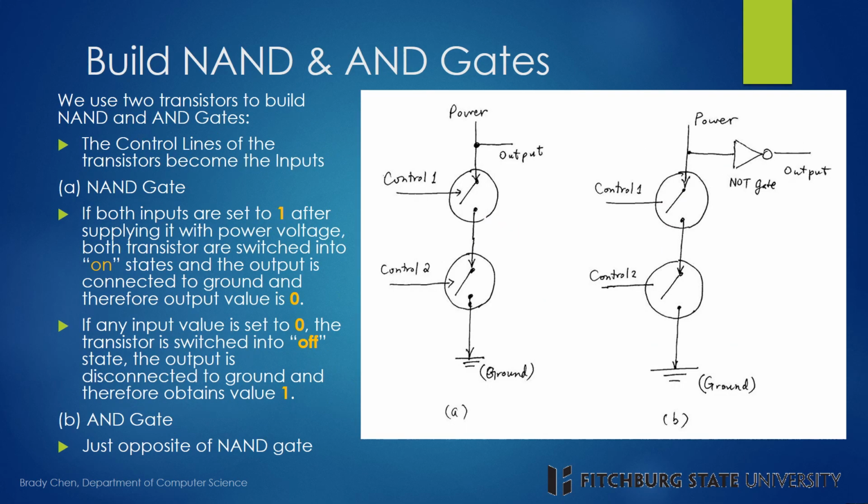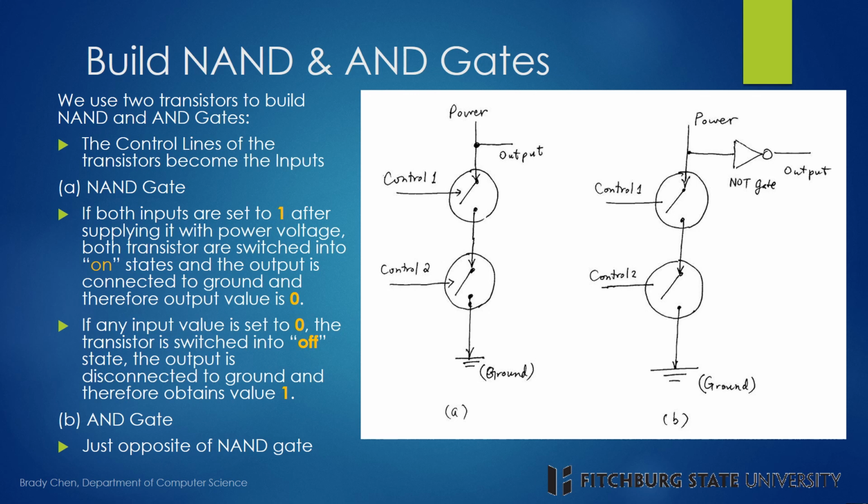Now let's take a look at how to build a NAND gate and an AND gate. We first talk about how to build a NAND gate because it's easier. To build a NAND gate, we need 2 transistors. Take a look at the diagram on the left.